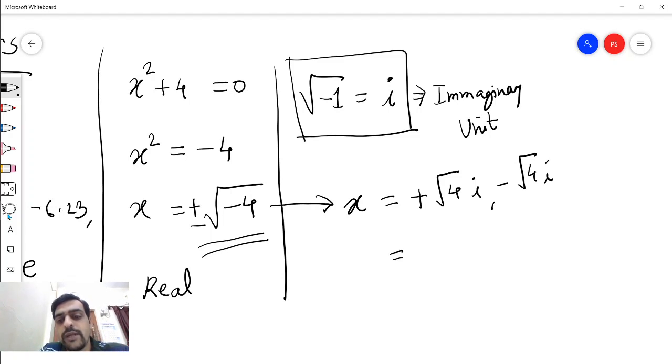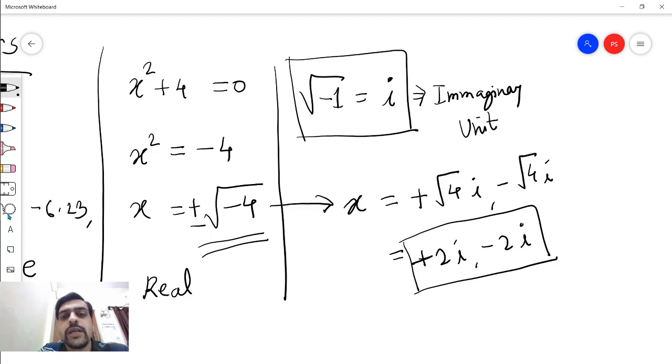So this will be just plus 2i or minus 2i. Such numbers, where we see the presence of this imaginary unit i, are called imaginary numbers.